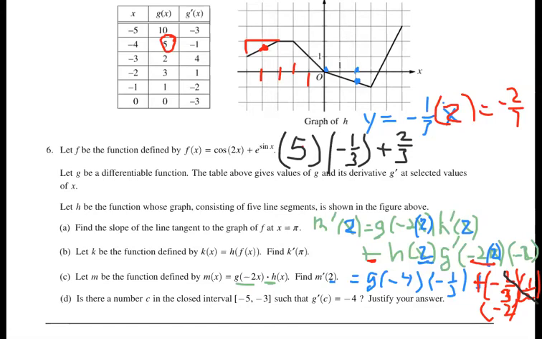Plus H of 2 was -2/3 times G prime of -4. I didn't do that one, did I? G prime of -4 is -1. So I should have had a -1 here instead of -0.5, right down here at the bottom. So I actually made a mistake there.